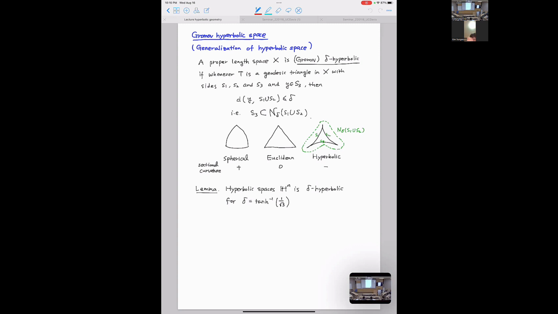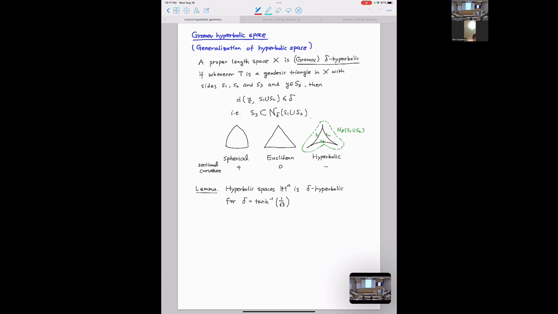So that is the definition of a hyperbolic space. Here is a picture.